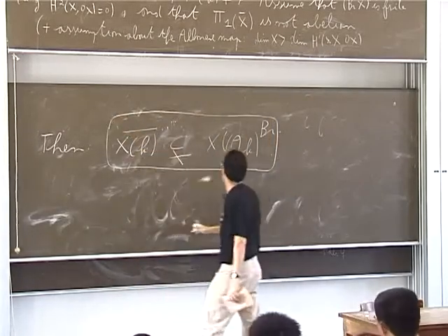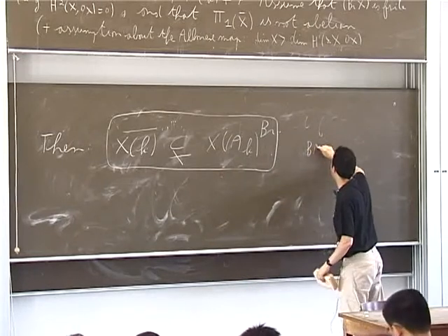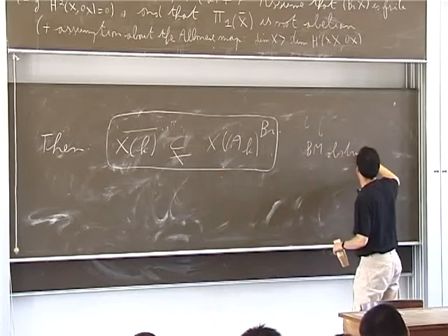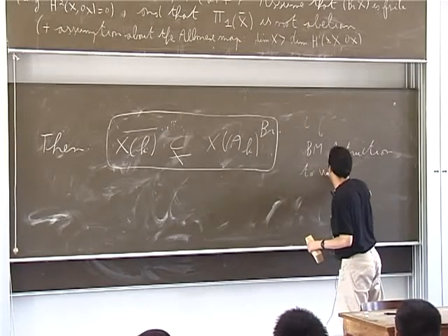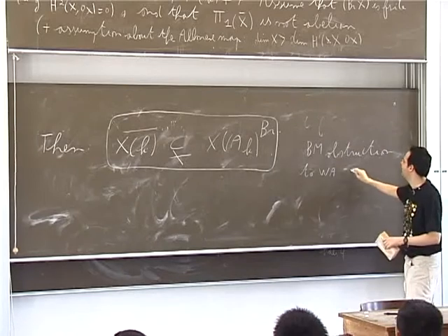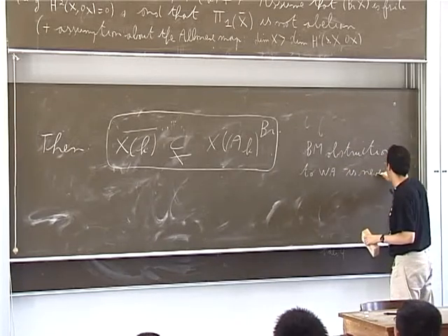That means, if you prefer, the Brauer-Manin obstruction to weak approximation with these assumptions is never the only one.